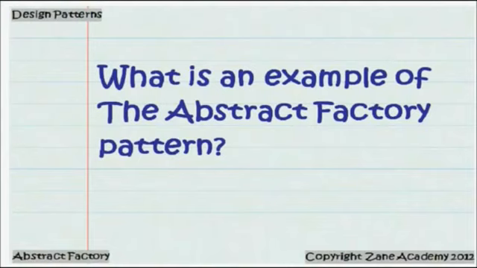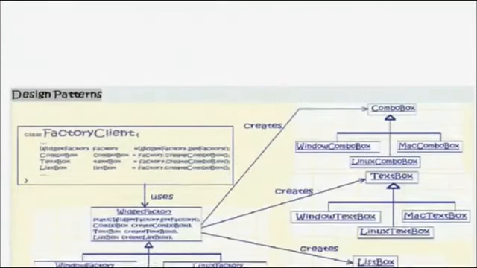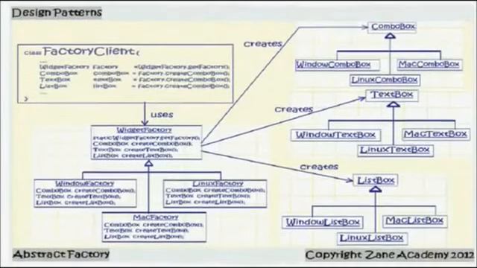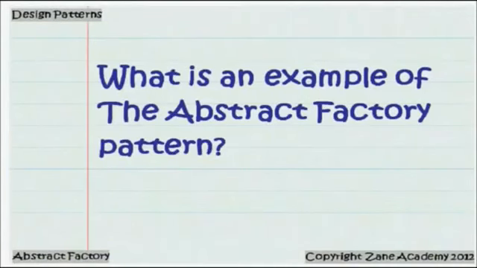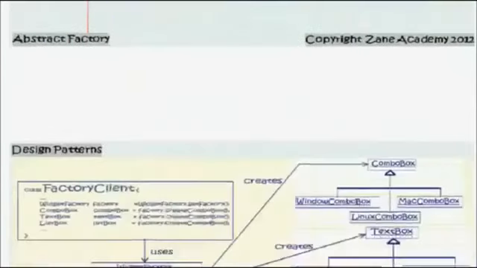So we could have a Windows look and feel, or a Linux look and feel, or a Mac look and feel, or maybe other proprietary look and feels. And the user can switch between those look and feels. So this would be a perfect example to show how the abstract factory pattern works.